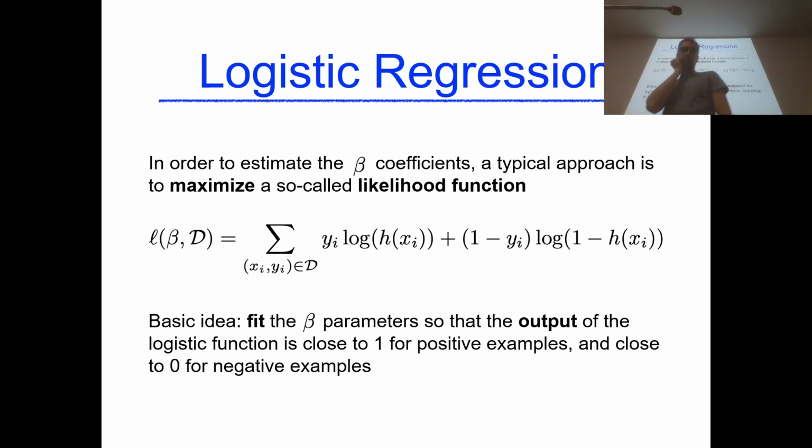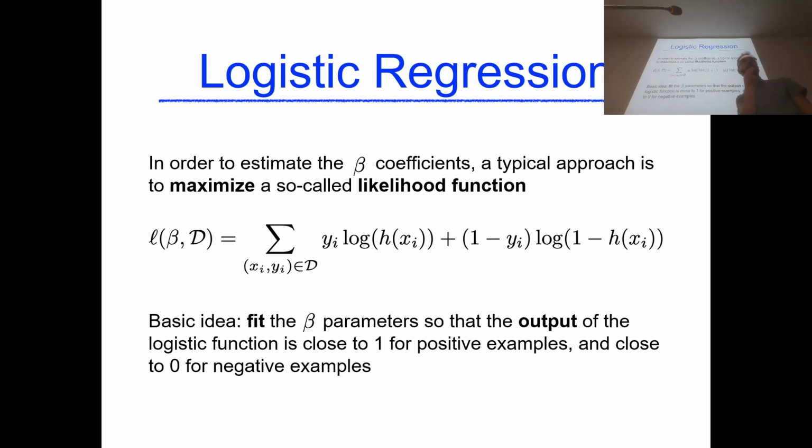Okay, fine. So in logistic regression, we know that we have a different shape of the function. How do we train the coefficient of the function? Because remember that in the sigmoid function, we had some coefficient to estimate, what we call beta. Again, we have a loss function, and a typical approach is to maximize the likelihood function.